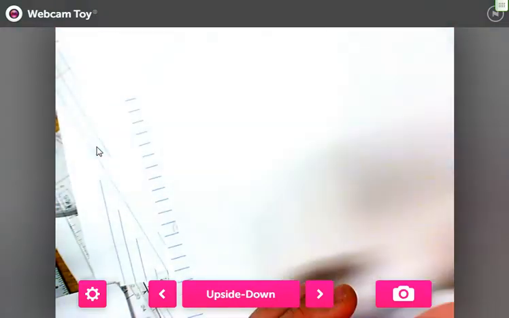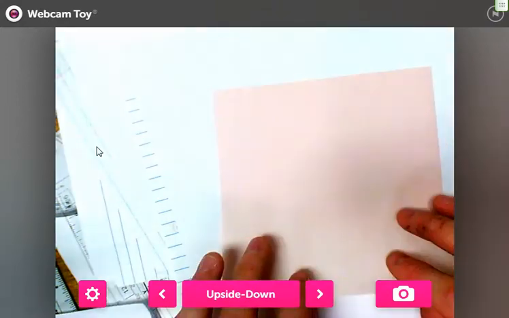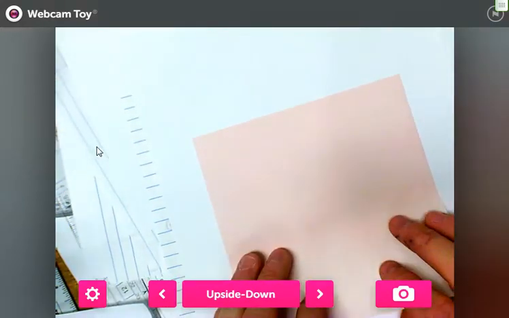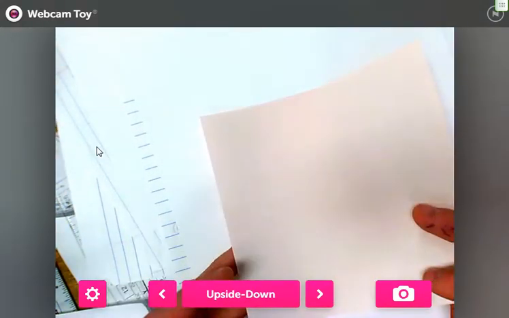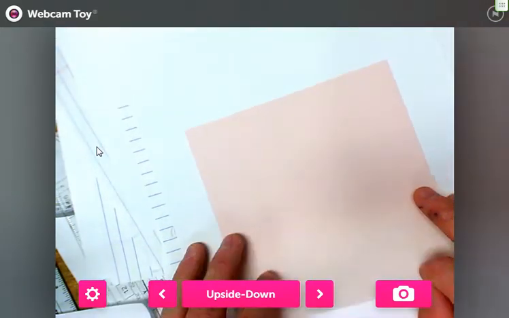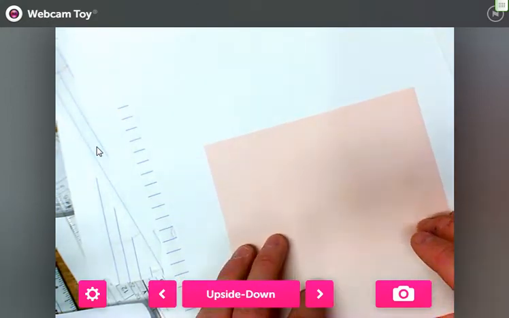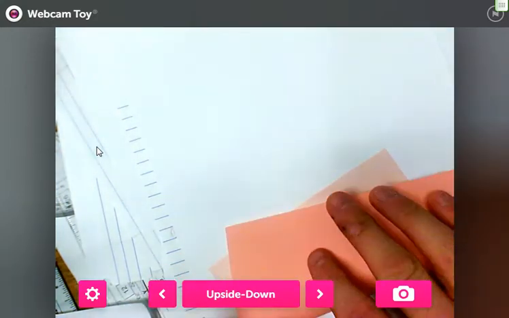Okay, we ready? All right, so the first step, we're going to start with the square with the white side facing up. This is the white side for me. The other side is really bright. So white side facing up, and you're going to fold it in half.